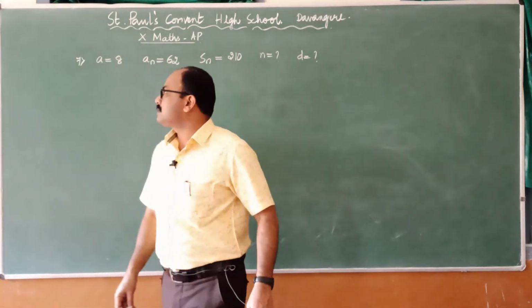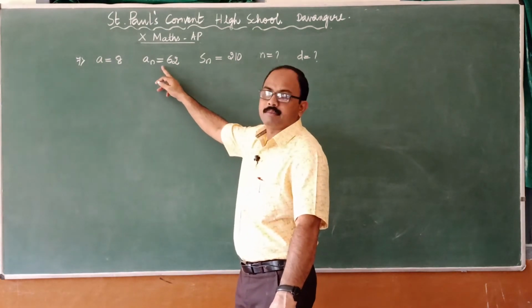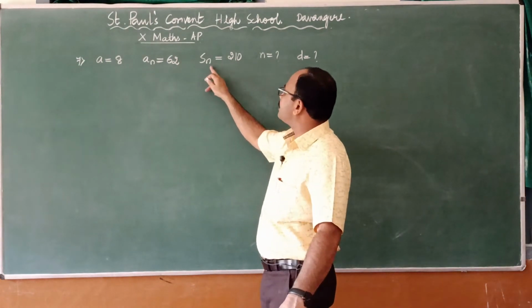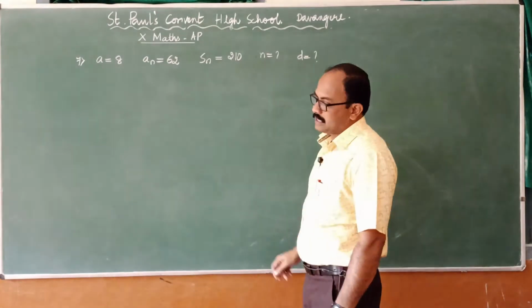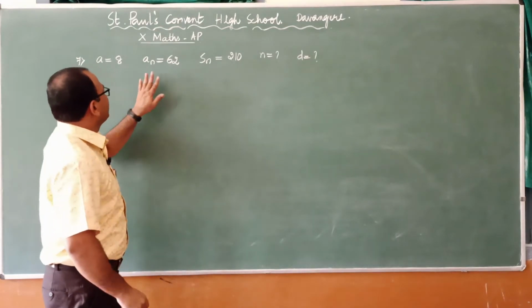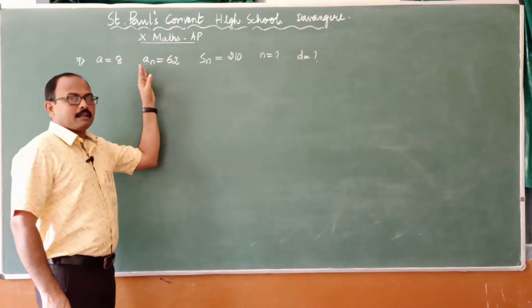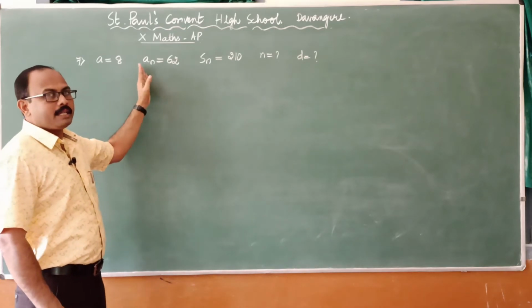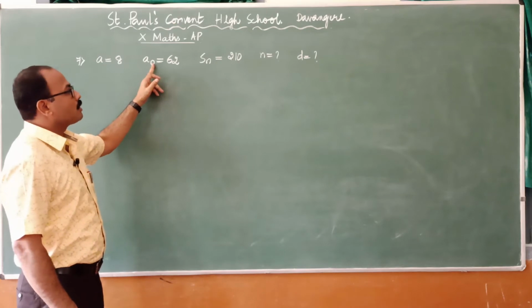Regarding the seventh sum, children, first term is given, last term is given. Sum of n terms is 210. Find the number of terms and the common difference. To begin with, if we consider the formula an equals a plus (n minus 1) into d, two unknowns are there. n we do not know, d we also do not know.